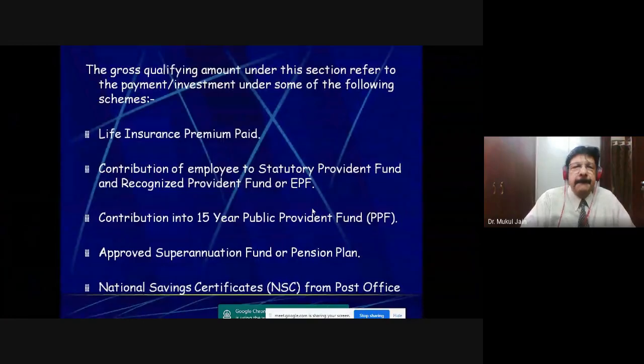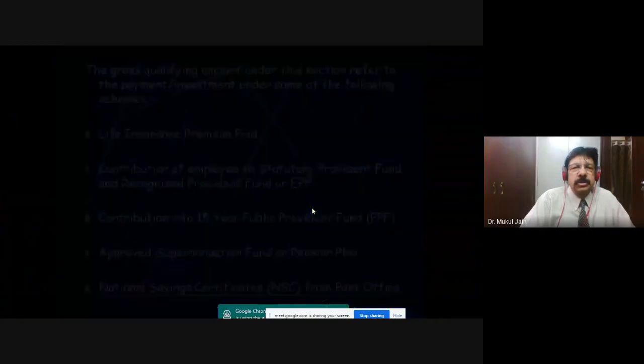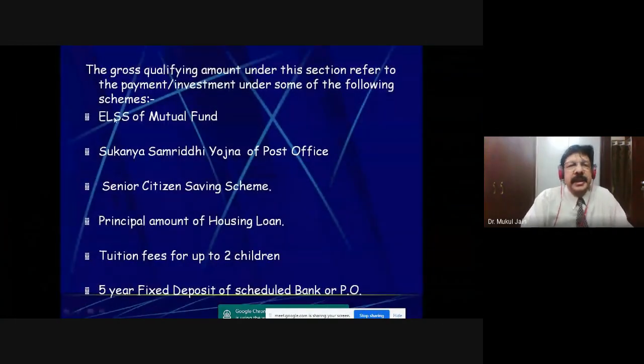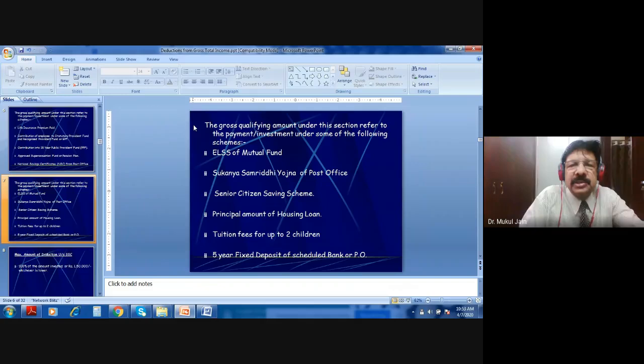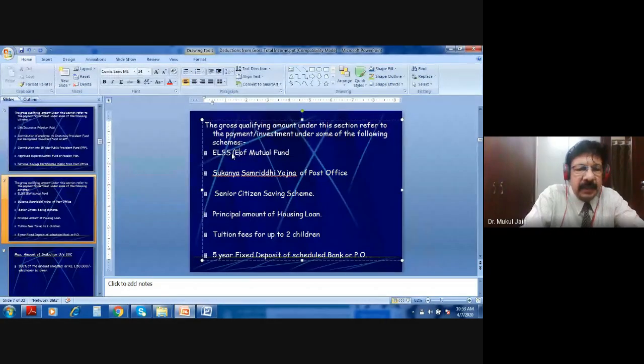Will you remember them? And next is ELSS of mutual fund. What is the full form of ELSS? There is a particular plan. This is called equity linked savings scheme.